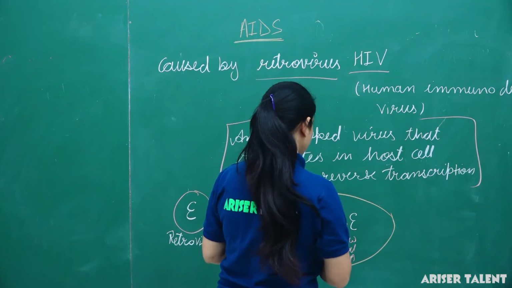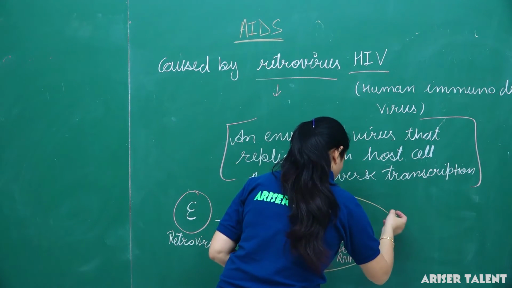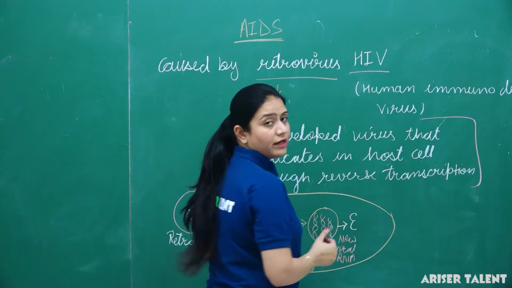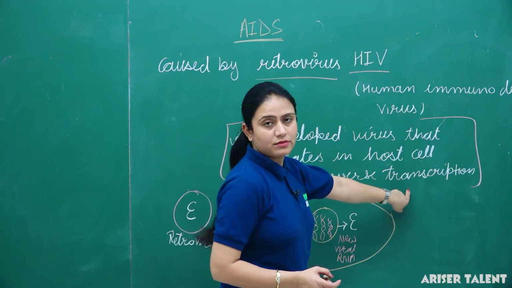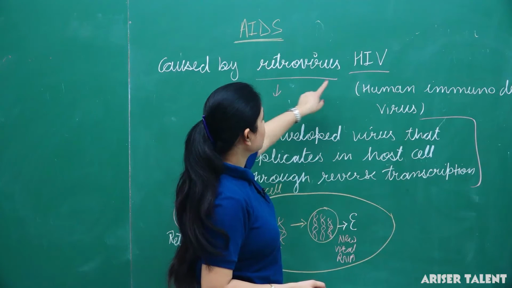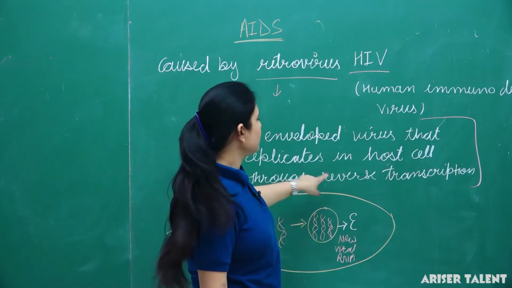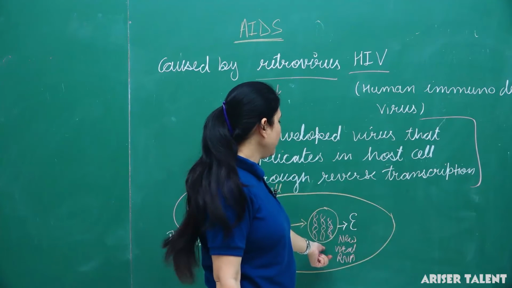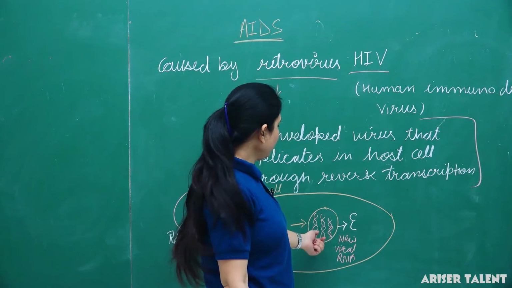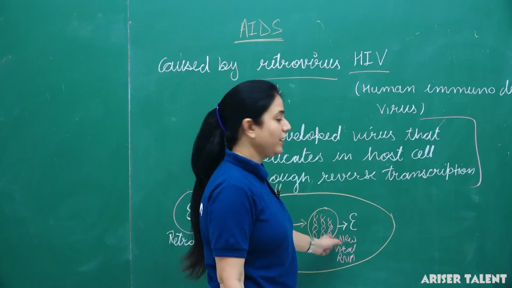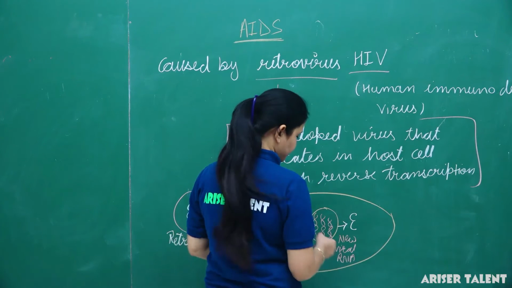This new viral RNA is formed by reverse transcription. As I told you, this HIV virus is a retrovirus because it can replicate in host cells by reverse transcription, where from DNA, RNA is formed.